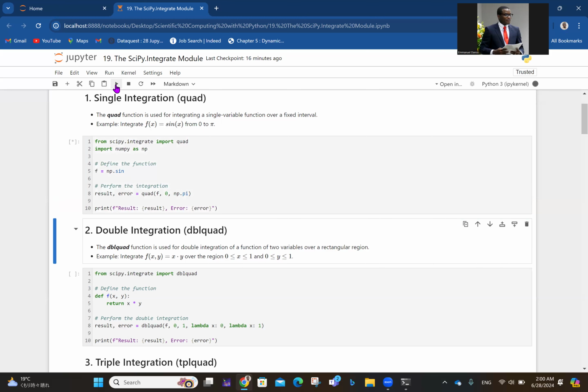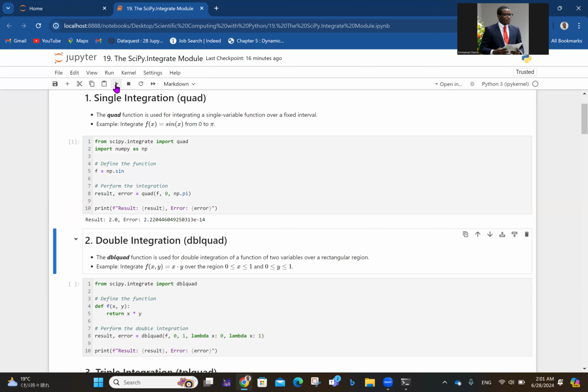So just run this and the result jumps out at you. Here the result is 2.0. Just like I said before, that's minus cos x, so that's minus minus 1, that's 1. Then minus cos 0, and cos 0 is 1. I guess, okay, yes, I get it now.